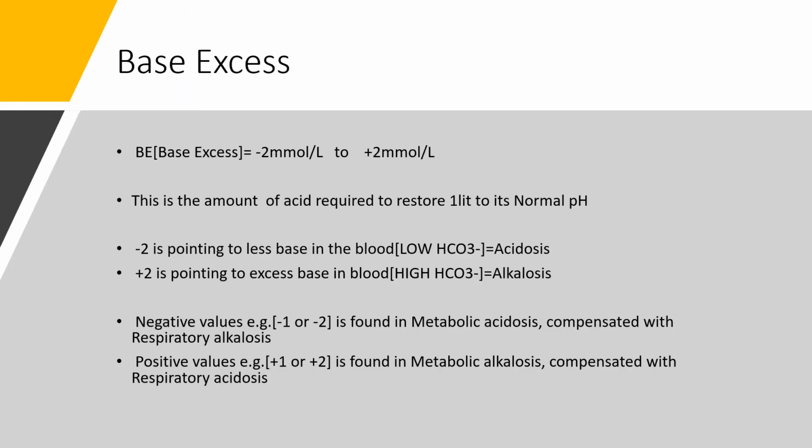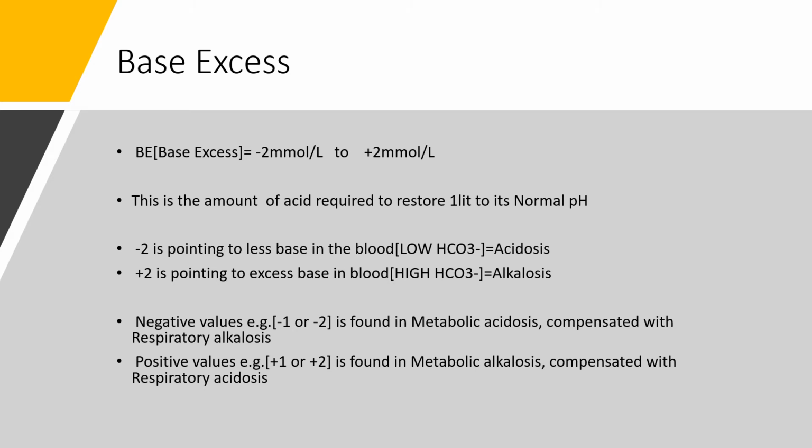Base excess. From the nomenclature, that is suggestive that we are dealing with base here, whether it is in excess or not. The normal range is minus 2 millimoles per liter to plus 2 millimoles per liter. This is the amount of acid required to restore 1 liter to its normal pH. Minus 2 is pointing to less base in the blood, meaning a low level of bicarbonate, and we are heading to acidosis.